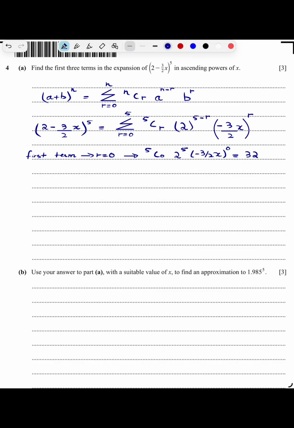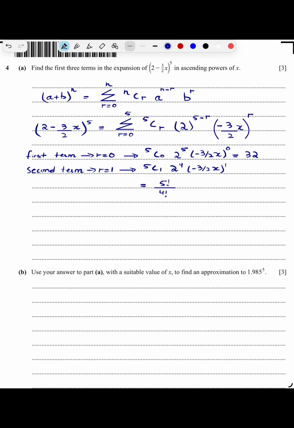Okay, the second term. So the second term has r equals 1. So we'll have 5C1, 2 power of 4 and minus 3 over 2x power of 1. Okay, this becomes 5 factorial over 1 factorial over 4 factorial, which is just going to be 5, right?